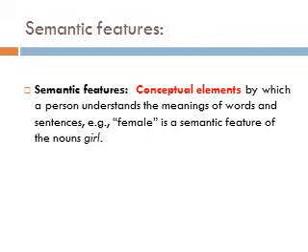The important point to note here is that semantic features are conceptual elements, meaning they exist in our minds, in our mental lexicon. So they are not something to be discussed or proven through the grammar of the language, for example, because as we've seen in previous sentences, the grammar is correct, but the problem is a problem of meaning, and the problem of meaning has to do with the concepts in our minds.